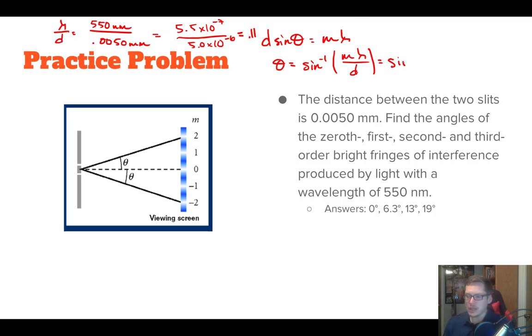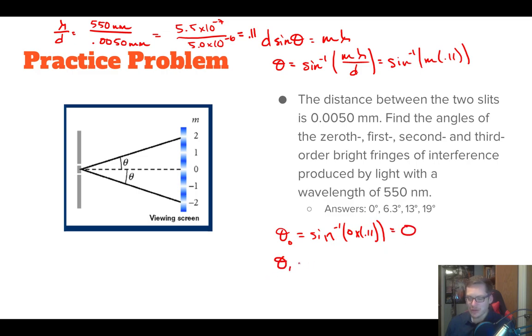So we can plug this in: theta equals sine inverse of m times 0.11 in all cases. For order 0, theta is sine inverse of 0 times 0.11, and that's pretty easy: inverse sine of 0 is just 0, so this occurs at 0 angle.